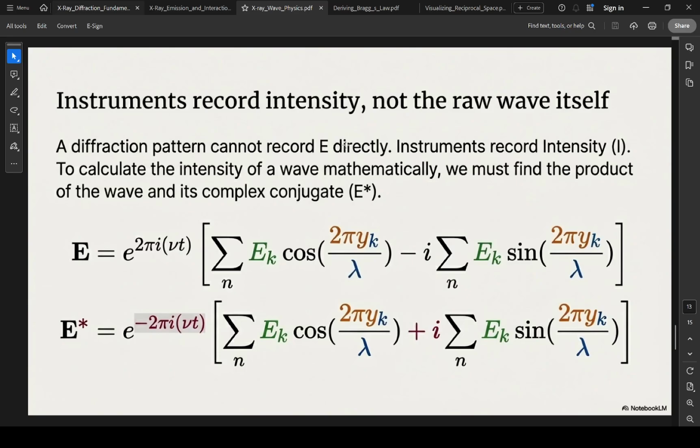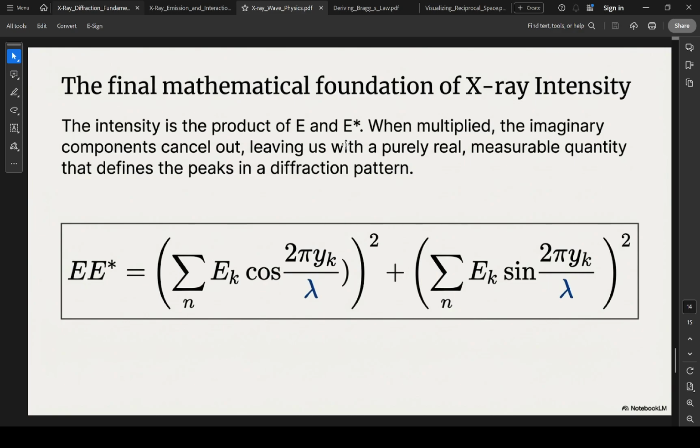So this is the formula for the raw wave, but for detection we use intensity, which is the product of a wave and its conjugate. That gives us the formula E dash equals summation Ek cos 2 pi yk by lambda, squared, plus Ek sin 2 pi yk by lambda, squared.